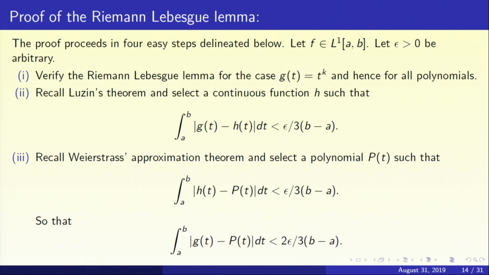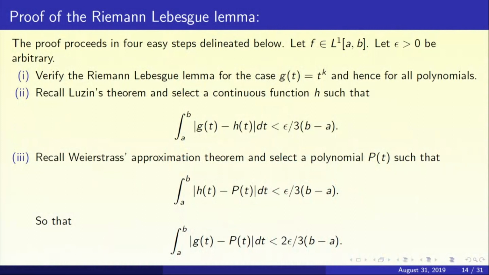So supremum of mod h t minus p t is very small. If the supremum is small, then the integral is going to be even smaller. So integral a to b of mod h t minus p t is going to be less than or equal to b minus a times the supremum. So if I secure that the supremum of h t minus p t is less than epsilon by 3 times b minus a, then we conclude that integral a to b of mod h t minus p t dt is less than epsilon by 3, which is the second displayed equation in your slide.